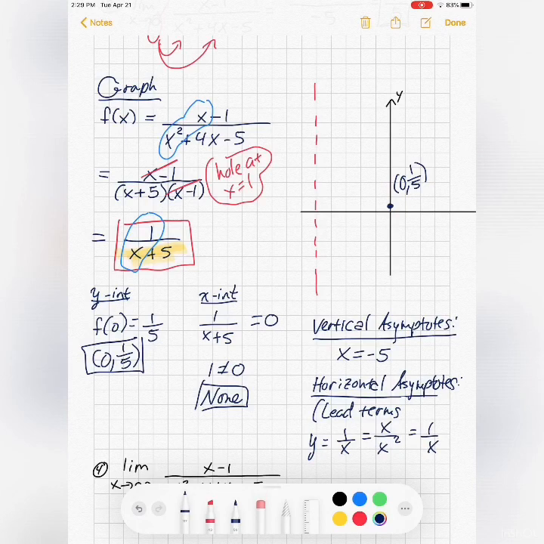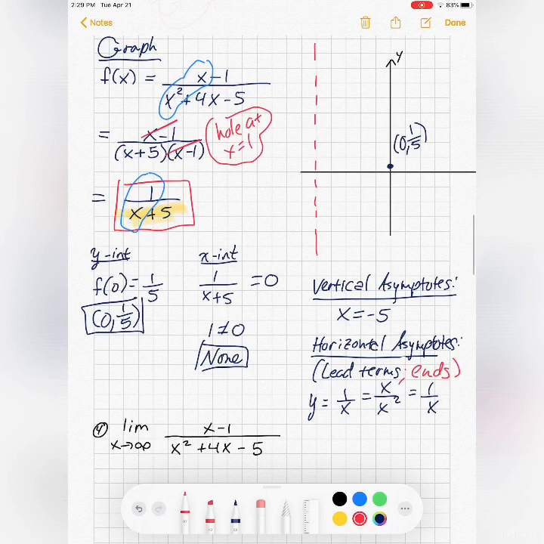It tells me what happens on the ends of the graph. So remember, on the ends of the graph, I'm thinking about what happens as x goes to positive or negative infinity. So as x goes to positive or negative infinity, 1 over x goes to 0.